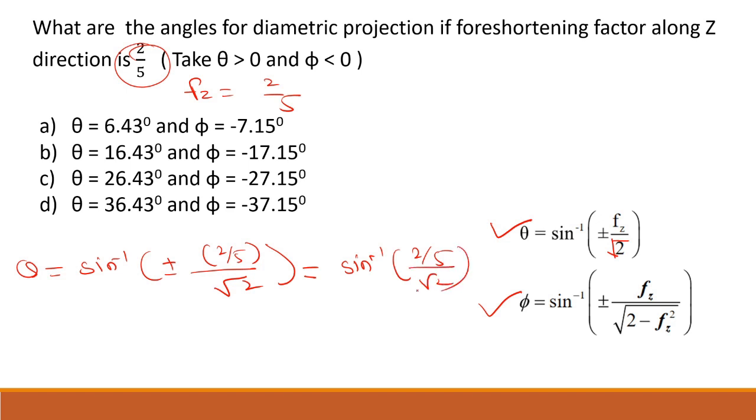Let us calculate: first 2/5, then divided by root 2, so that is sine inverse of 0.2828. Use your calculator: sine inverse of 0.2828 is 16.427 degrees. So this will be theta.